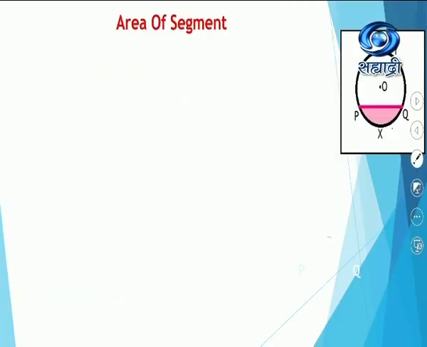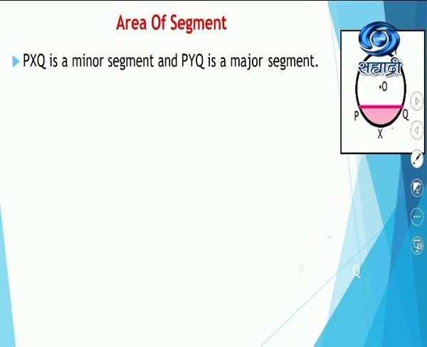How to find out the area of the segment then? Okay, here you can see the circle with center O, then there is a chord PQ and arcs PXQ and PYQ. PXQ is a minor segment here and PYQ is a major segment.